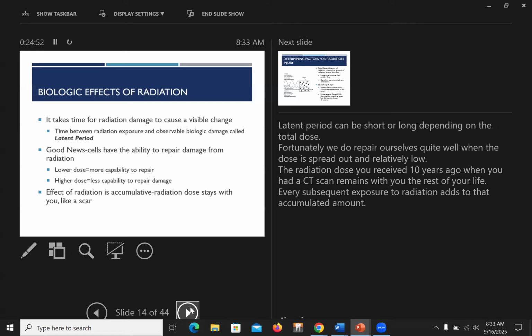But of course, this is going to be dependent on dose and the length of time. So lower dose, more capability to repair; higher dose, there's going to be more damage and you might not bounce back to full recovery. So effects of radiation are cumulative. If you get a lot of it over a short period of time, you can think of it almost like scarring, like your body's going to carry that scar of excess radiation. So it totally depends on the dosage.